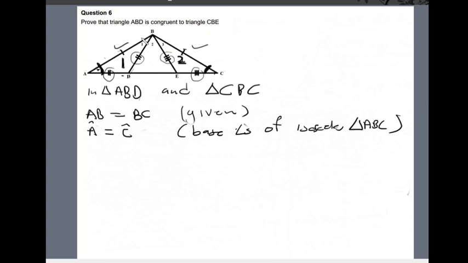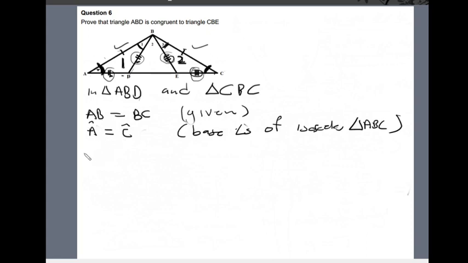Yes, we think too much, but then in triangle ABD, this angle will be equal to that angle because this side is equal to that side, right? So this triangle is an isosceles triangle. Let's say now triangle CBE, this angle will be equal to that angle because this side is equal to that side. So this triangle is also an isosceles triangle, right?